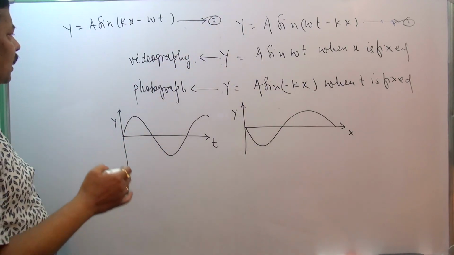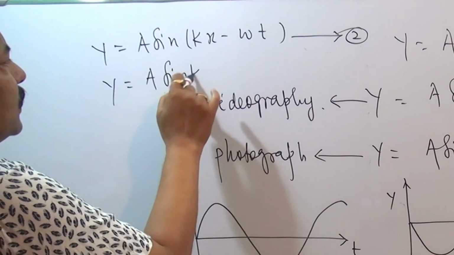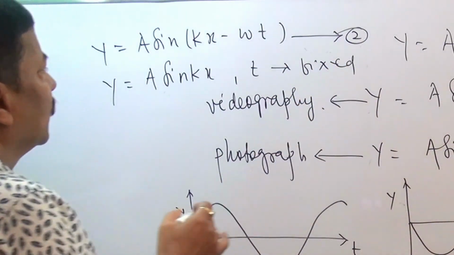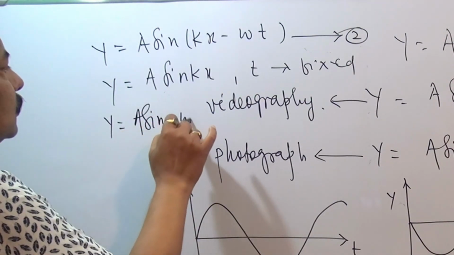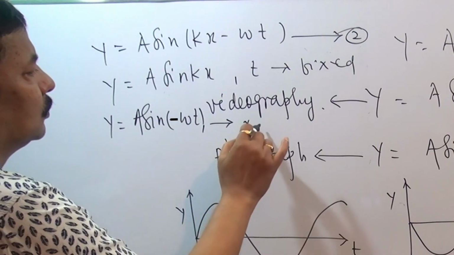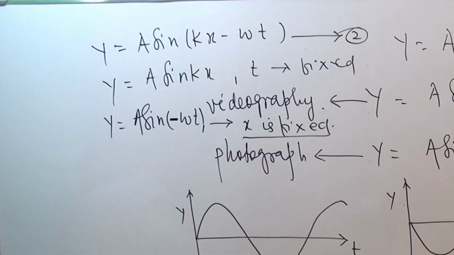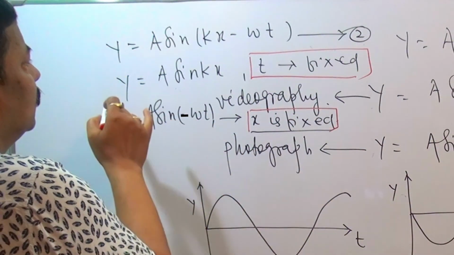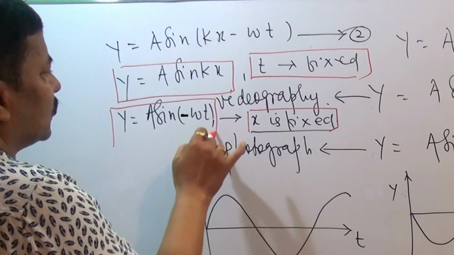So here if we take y is equal to a sin kx and y is equal to a sin omega t, now you see, t is fixed, x is fixed. One equation is this and one equation is this.